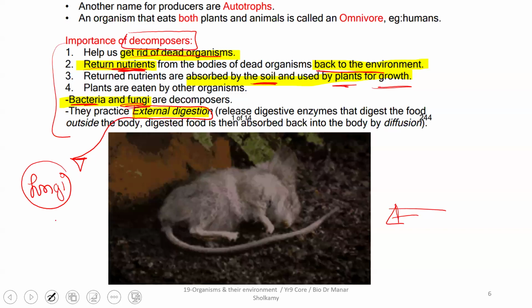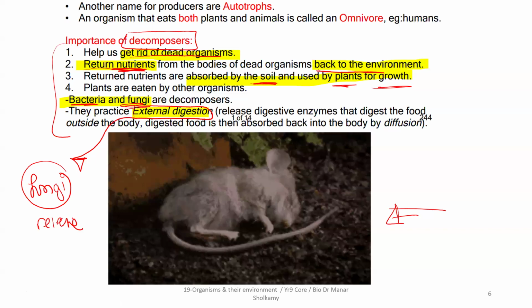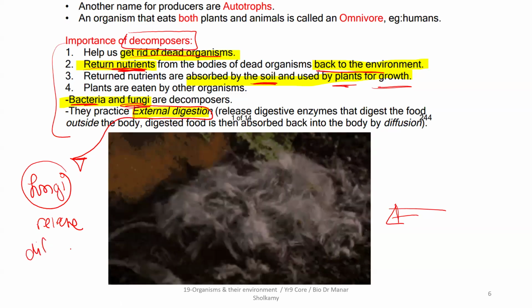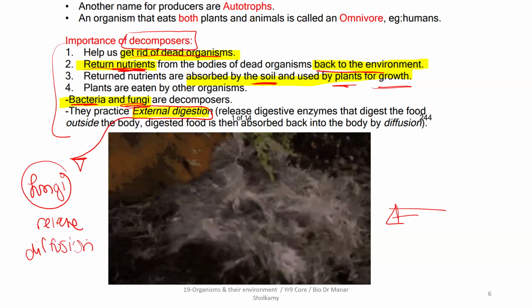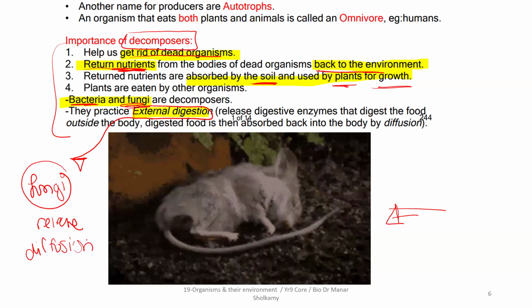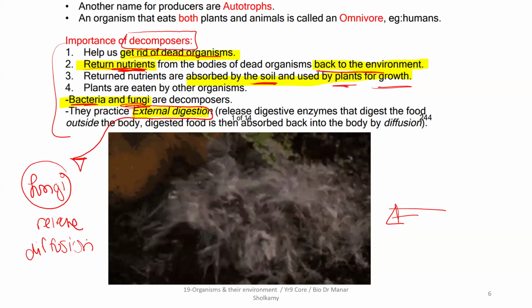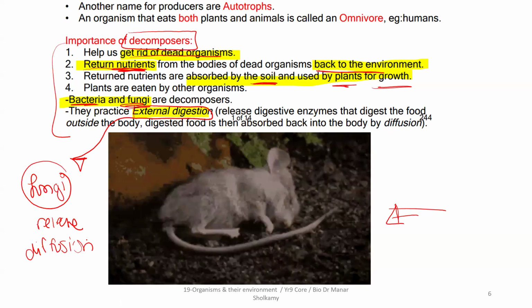They release digestive enzymes that will do the digestion outside the body, and then they absorb the dissolved dead body by diffusion. How do we do digestion? External or internal? Do we have an external digestive system or is our digestive system internal? Internal. Yes, these decomposers don't have a digestive system, so they do their digestion externally.